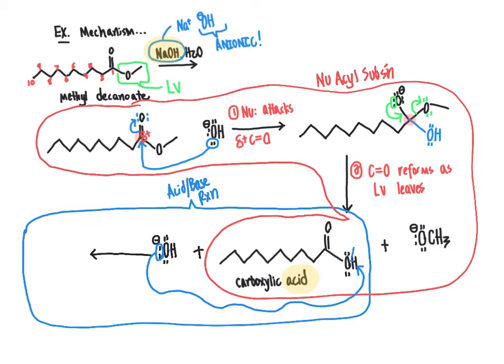That will force the oxygen-hydrogen bond to break and the electrons to go onto the oxygen, giving us as the product we would actually observe in the reaction flask by mixing sodium hydroxide with our ester to give a carboxylic acid product. What we actually observe as the very final product is going to be a deprotonated carboxylic acid, because when you throw a carboxylic acid into a basic environment, it is going to lose that acidic proton.